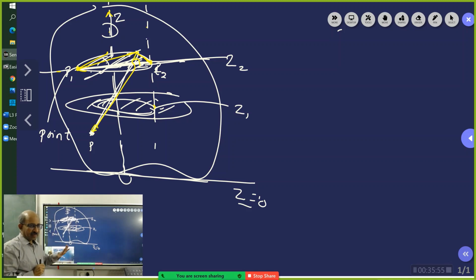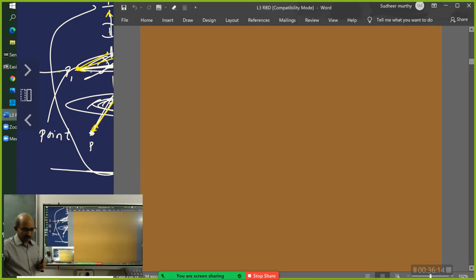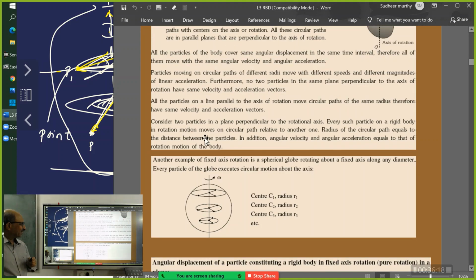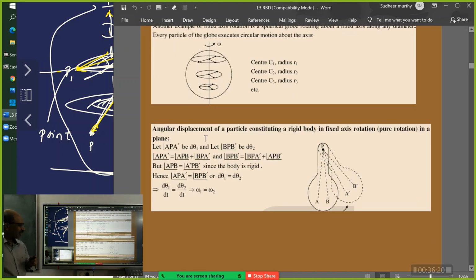That will be fixed, because it is a rigid body. But the motion of each one of them can be considered to be moving with respect to each other. Fine? Anyway, good. You have got a very keen eye. I wanted to avoid that and take it up later on, but your eyes are very sharp.